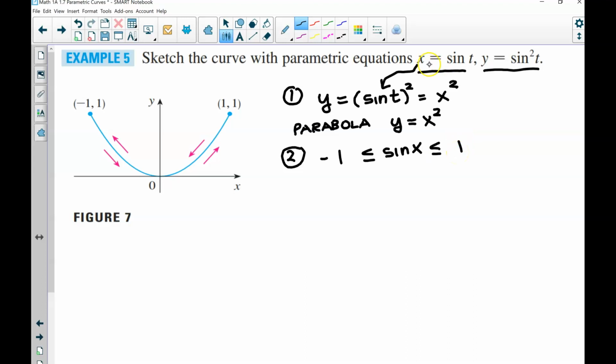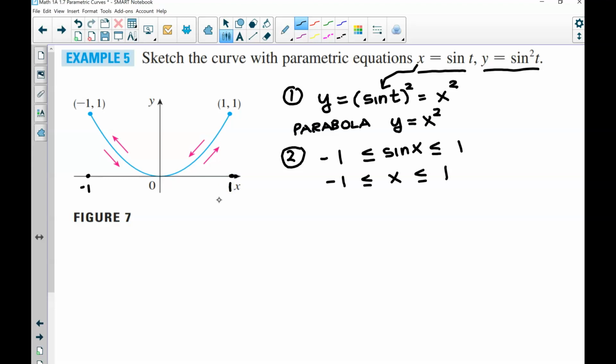But again, what do we say that x equals? It equals the sine of t. So we can rewrite this: x is between -1 and 1. Here you have your -1, and here you have your 1.